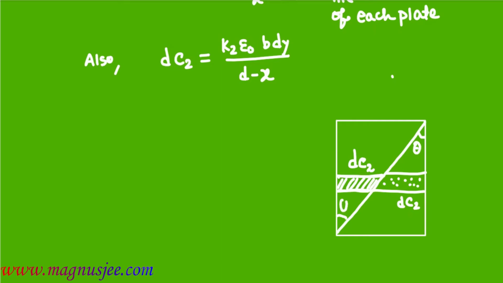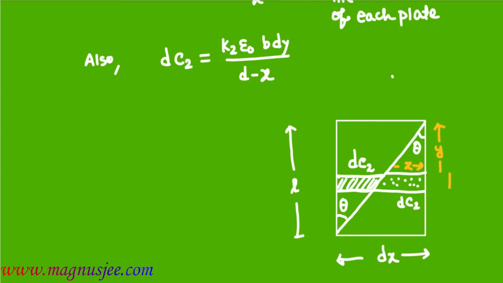Again, if we draw the diagram of parallel plate capacitor, this angle will be theta, and height of each plate of parallel plate capacitor is l, and width is d, not dx. This width of the elementary portion is x, and this height is y.